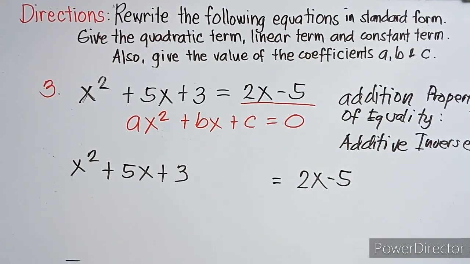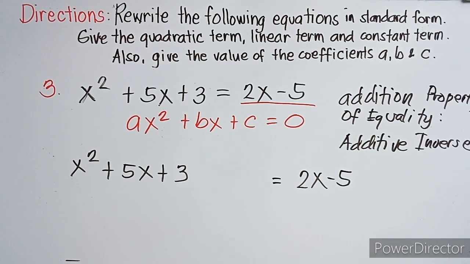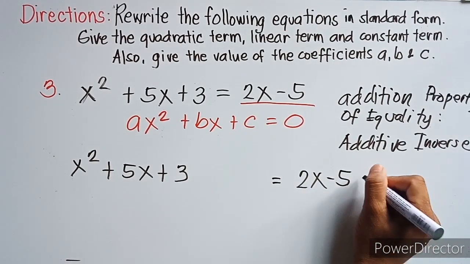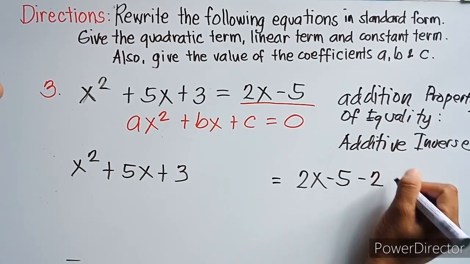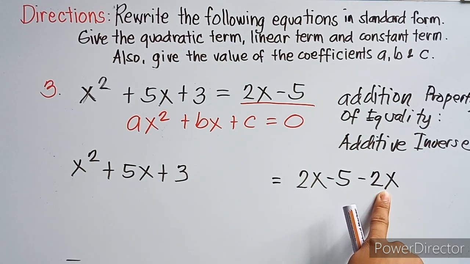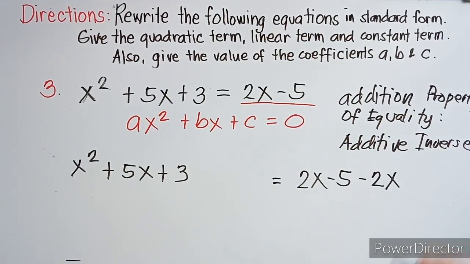Ngayon, kukuhanin natin ang additive inverse ng positive 2x. Ano ang positive or additive inverse ng 2x? So, kung ito'y positive, ang additive inverse niya ay negative. So, negative 2x. Kung ano ang ginawa sa right side, yun din ang gagawin sa left side using addition property of equality.